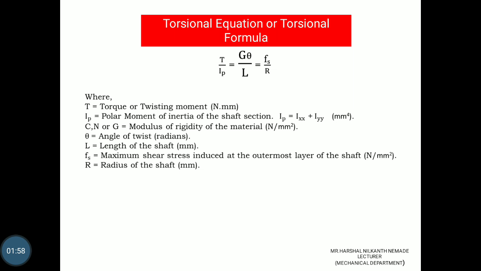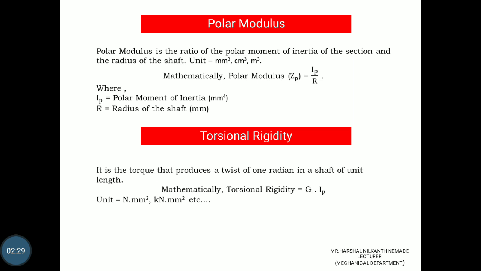G, C or N is nothing but modulus of rigidity of a material, Newton per mm square. Theta, angle of twist in radians. L is equal to length of the shaft in mm. Fs is nothing but maximum shear stress induced at the outermost layer of the shaft, Newton per mm square. Capital R is equal to radius of the shaft in mm. This is the main formula of torsion.